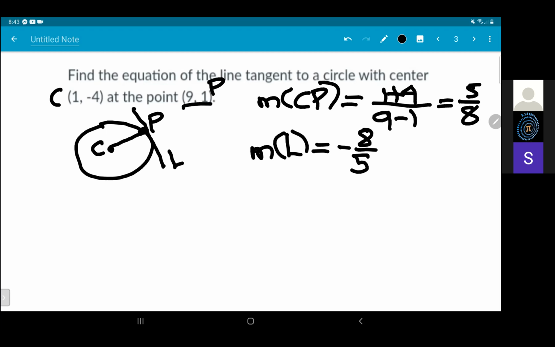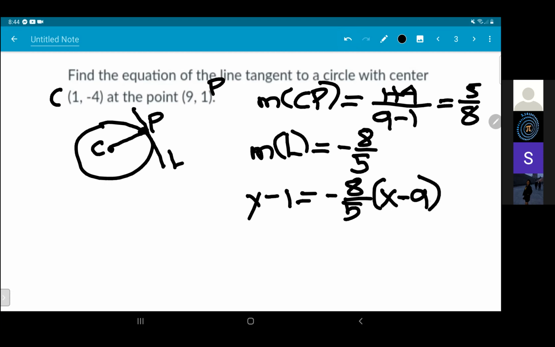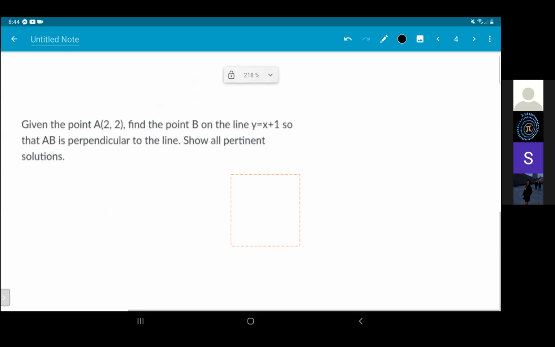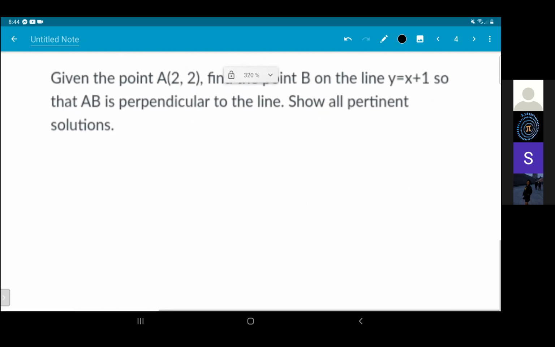Then using the point (9, 1) in point-slope form, and then in the form y equals mx plus b, that gives you plus 72 over 5 plus 1, so plus 77 over 5. And this was discussed in class. Next.